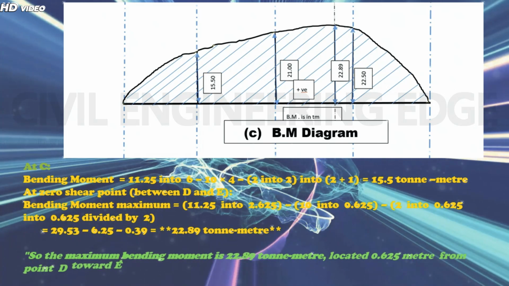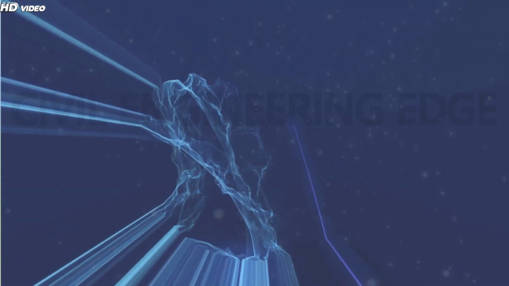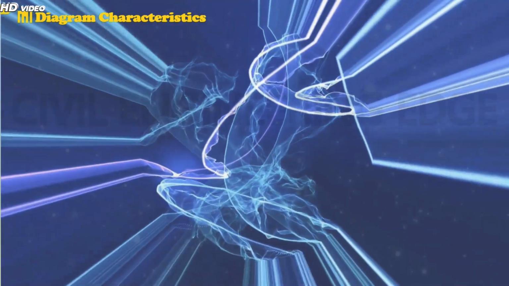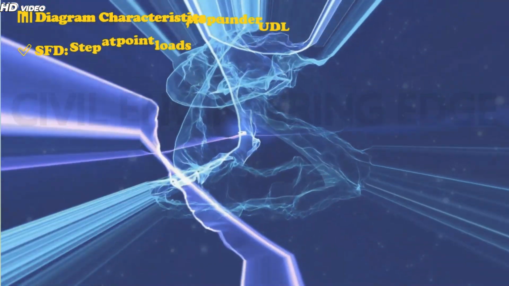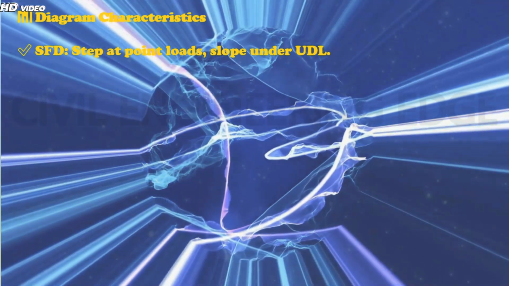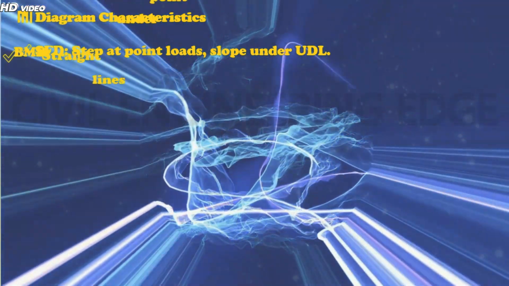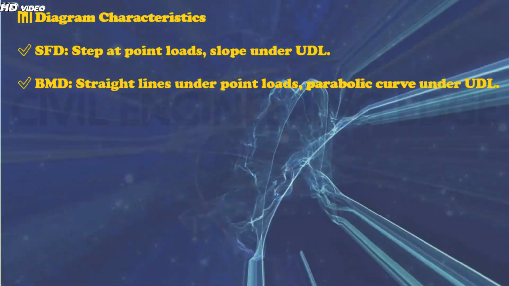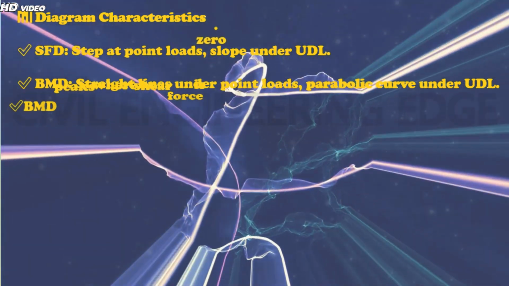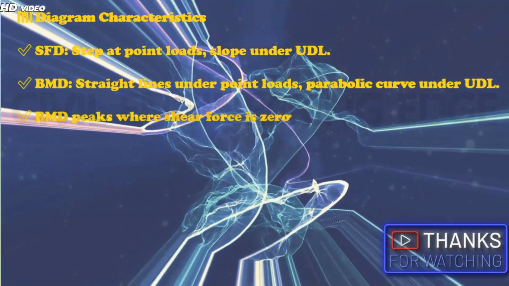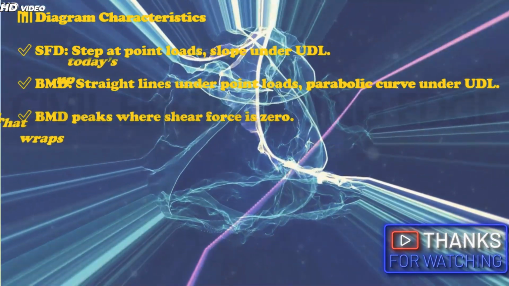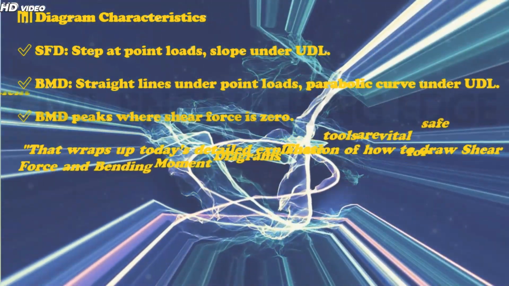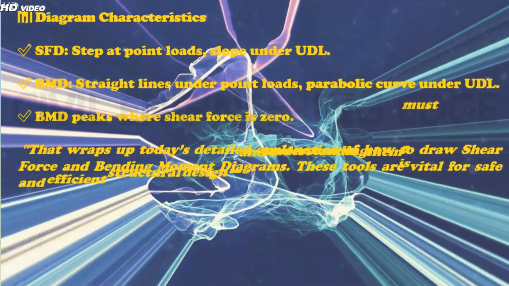At the zero shear point between D and E, maximum bending moment equals 11.25 into 2.625 minus 10 into 0.625 minus 2 into 0.625 into 0.625 divided by 2, which equals 29.53 minus 6.25 minus 0.39, which equals 22.89 ton meter. So the maximum bending moment is 22.89 ton meter, located 0.625 meter from point D toward E.